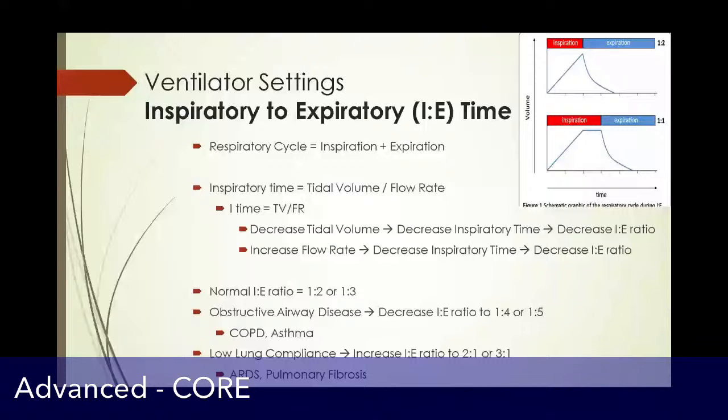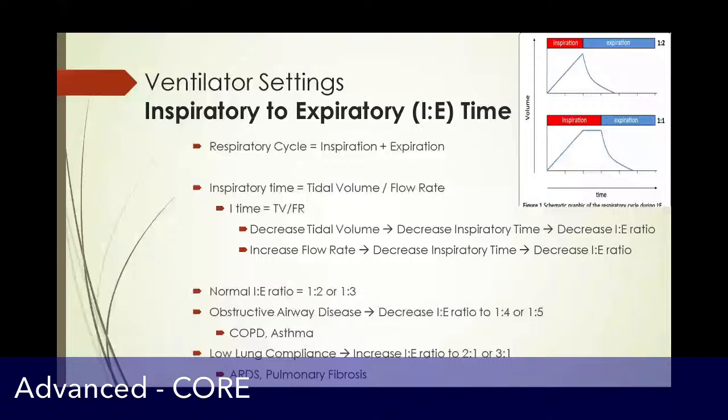But you're going to want to, again, adjust this based on the disease process. So if this is someone with COPD or asthma, they have obstructive lung disease, they're very tight in their lungs and their airways, so you're going to give them more time to exhale. The I to E ratio is something like 1 to 4, 1 to 5. This is going to allow exhalation of all of their air, so it'll prevent the buildup of pressure within the lungs.